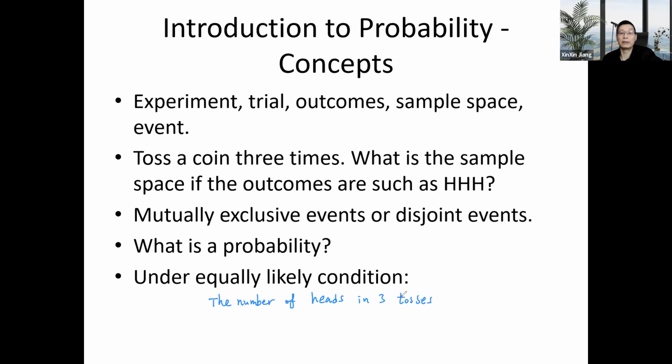So the sample space is not those HHH. Instead, it's the number of heads. You could have 0 heads, 1 head, 2 heads, 3 heads. These are the possibilities, and these outcomes are not assumed to be equally likely.